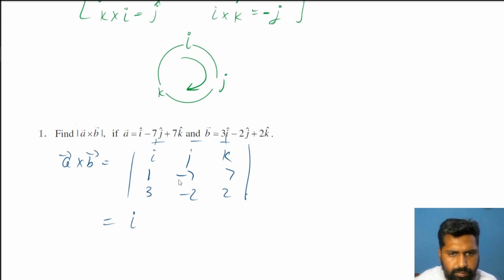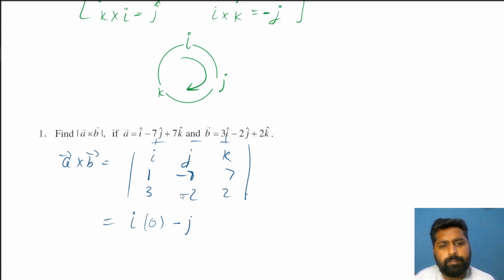So i into minus 14 minus of minus 14, that's coming 0. Then minus of j, you open j with negative, so cancel it again. It will be 1 into 2.